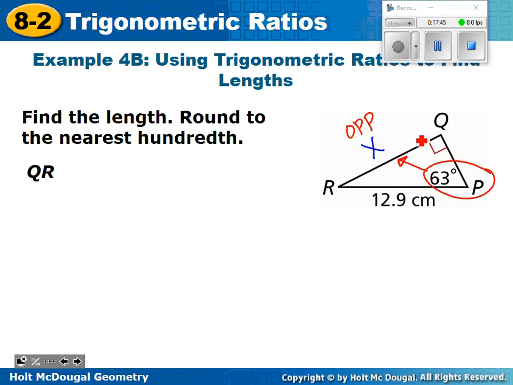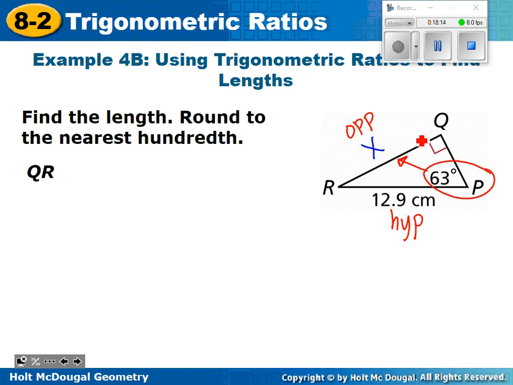Careful. It is adjacent, but it is across from the right angle, so it's not the adjacent side, it's the hypotenuse. So remember, an angle is going to have two adjacent sides. One of them's the adjacent side, and one of them's the hypotenuse. So make sure that you label the hypotenuse correctly. Okay, which trig function is going to use opposite and hypotenuse? Yep.